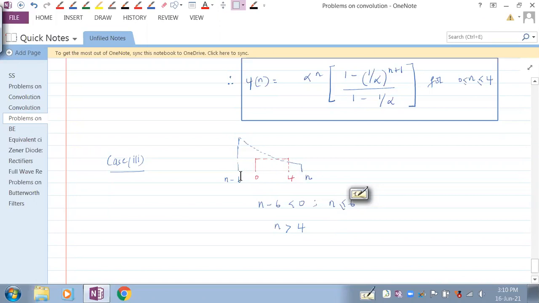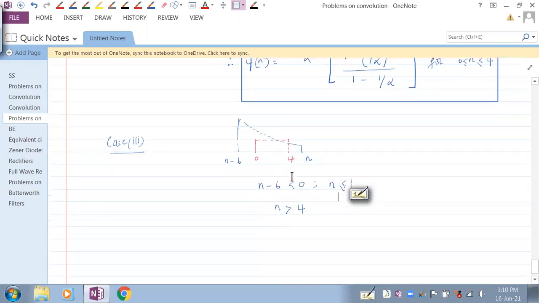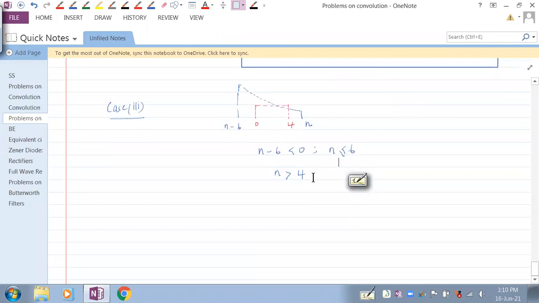The blue signal that I have sketched here is a wider signal. The red signal is a narrower signal comparatively. Understand? So what is the range now? Case 2 is when n is greater than 4, less than or equal to 6. How do we say it has to be greater than 4?